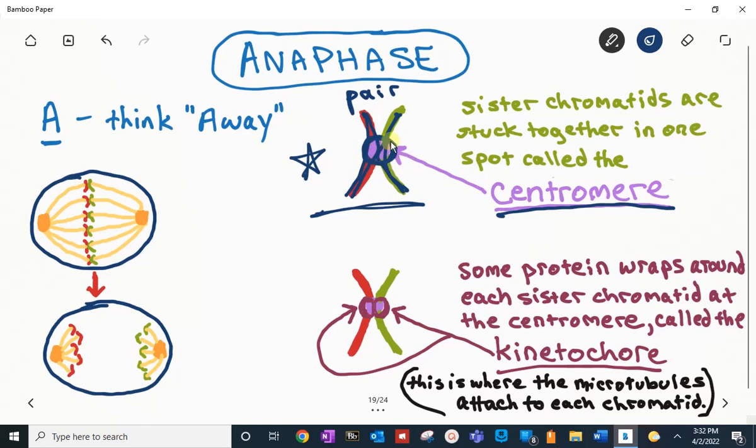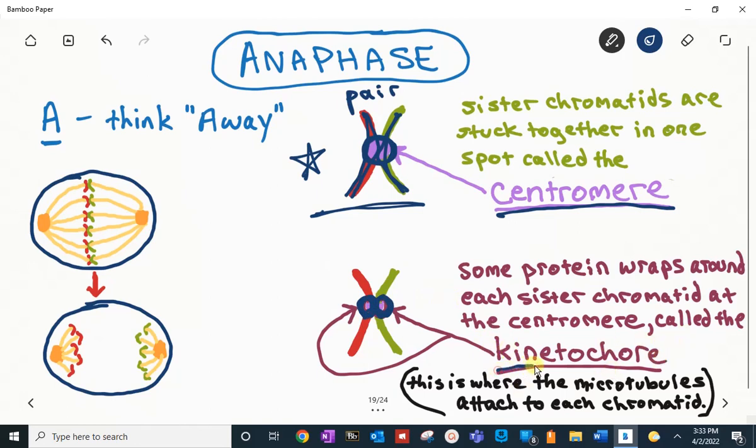Now, around that centromere, around that spot, is like a candy wrapper of protein on each of the sister chromatids in the pair. I call it a candy wrapper because it's protein and it wraps around one of the chromosomes' centromeres in the pair.